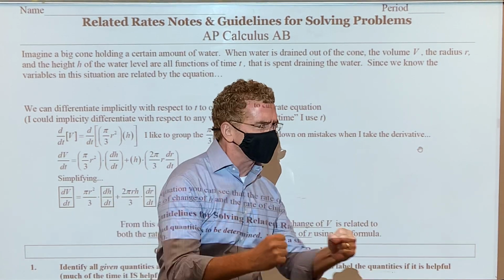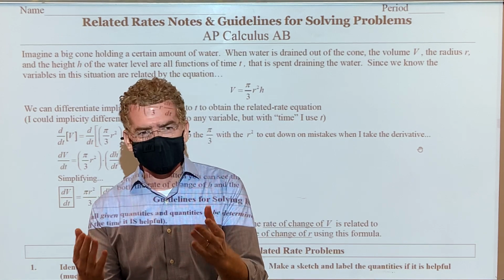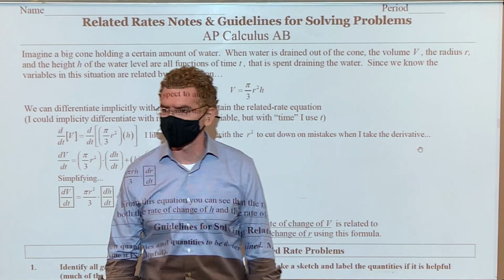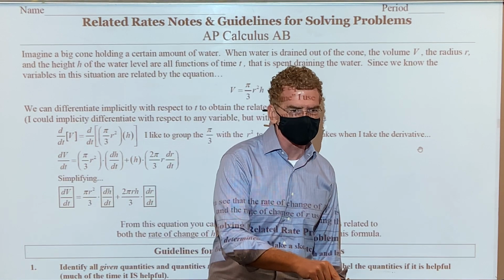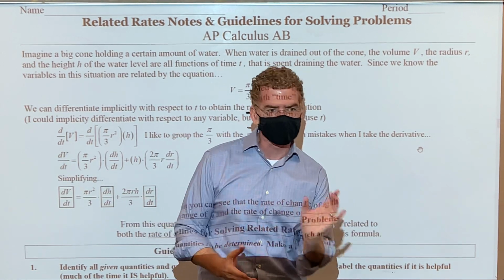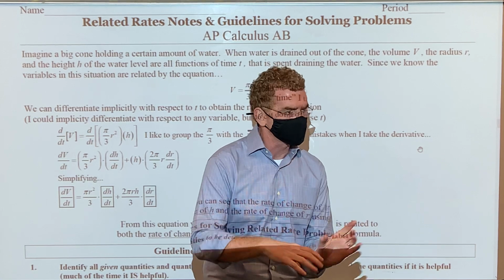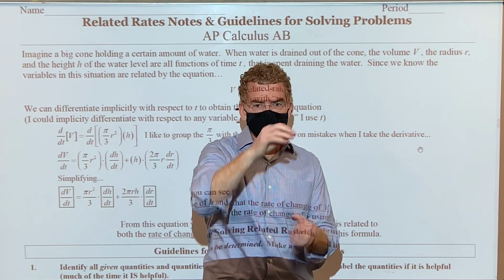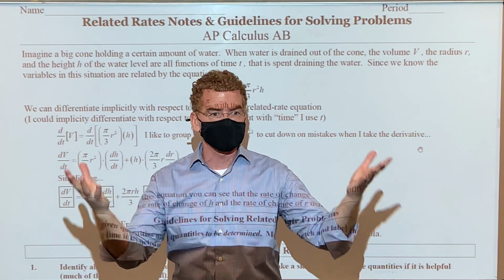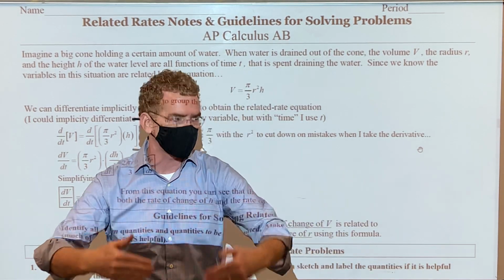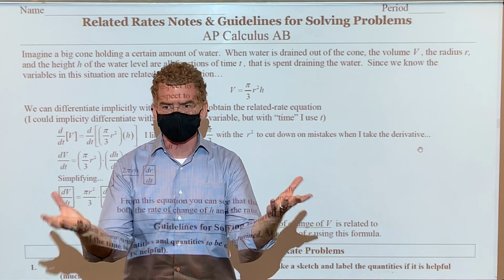Like if one of them is not growing, say volume is changing on this cylinder, but I keep the radius constant? Well, we'll talk about how to fix the radius so that it's not changing and just let the height change. Or fix the height and let the radius change. And again, all of these things are going to be related because it's going to be a new equation that talks about these different rates.